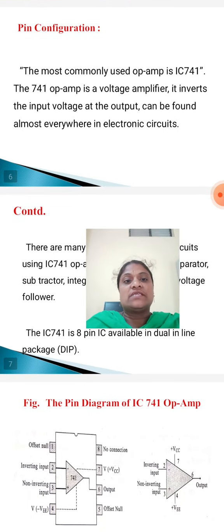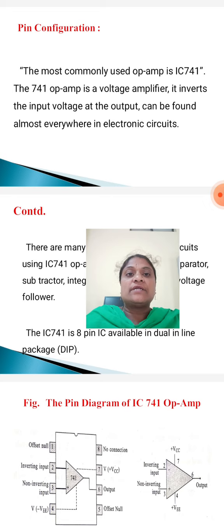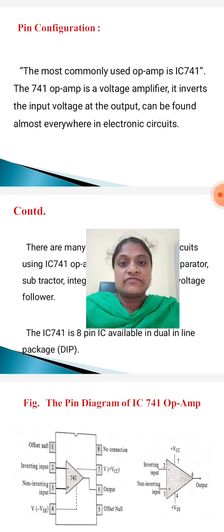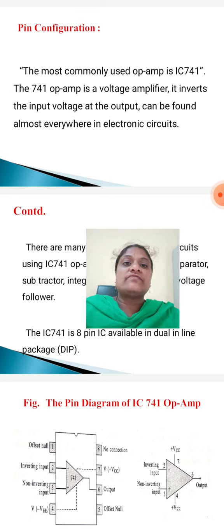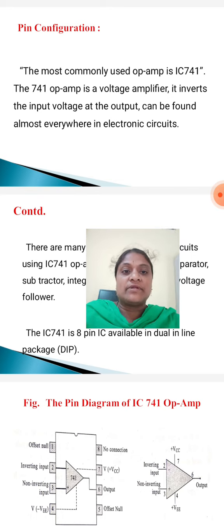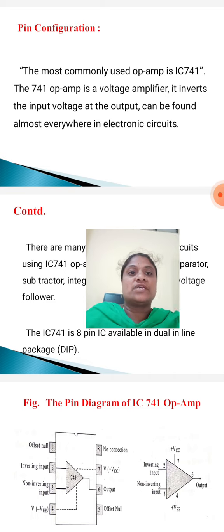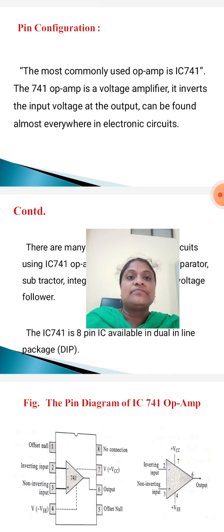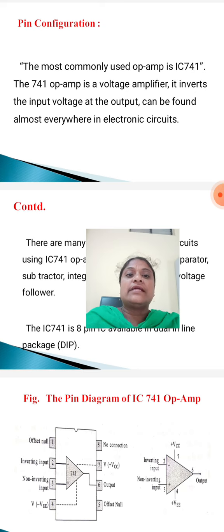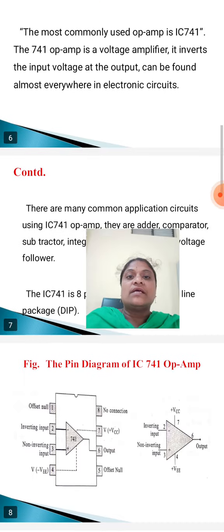First of all, the most commonly used op-amp is IC 741. This IC 741 op-amp is a voltage amplifier. It inverts the input voltage at the output, and it can be found almost everywhere in electronic circuits.